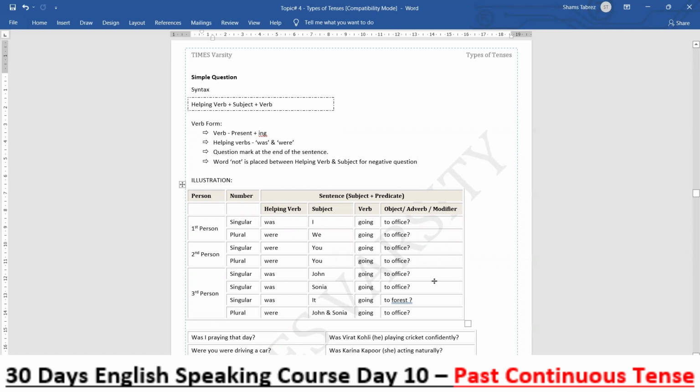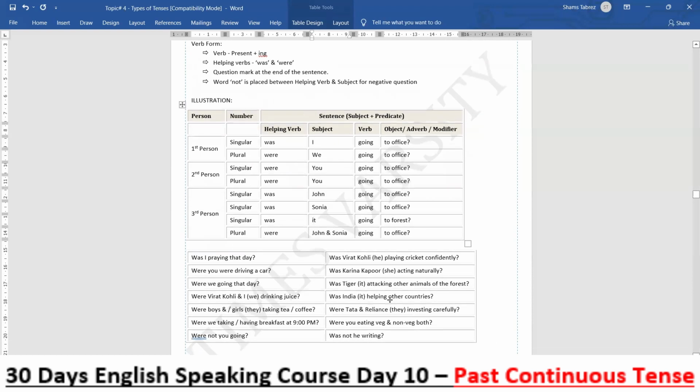Was John going to office? So the helping verb is being used here. Then similarly, was Sonia going to office, with a question mark. Was it going to forest? Were John and Sonia going to office? So the helping verb is coming first.